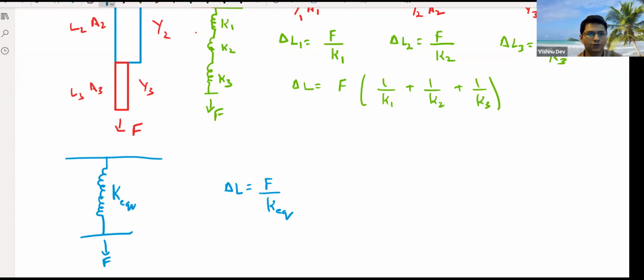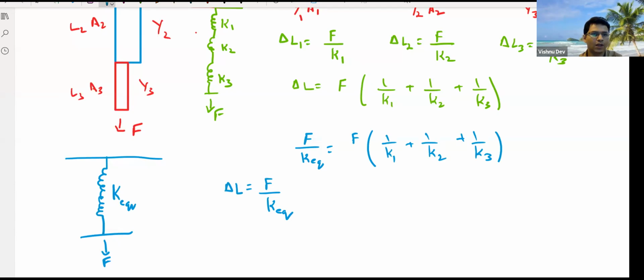If you equate these two, F by K equivalent equals F times (1 by K1 plus 1 by K2 plus 1 by K3). F cancels, so 1 by K equivalent is 1 by K1 plus 1 by K2 plus 1 by K3.